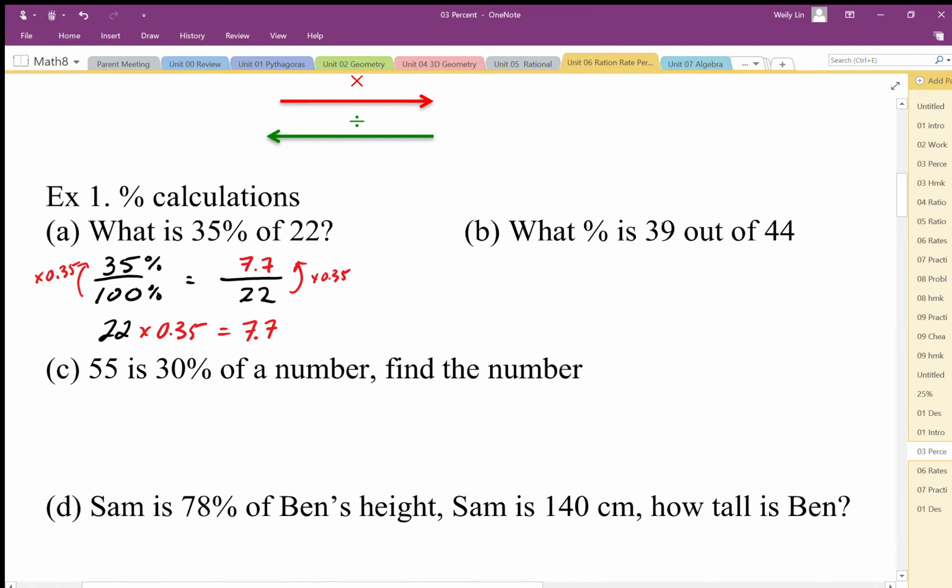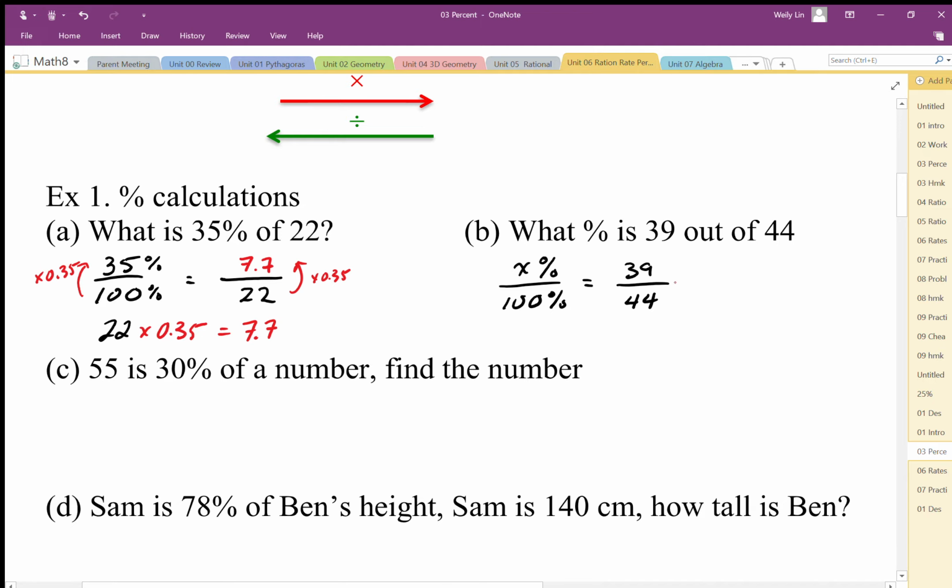So what percent is 39 out of 44? So we're looking for some percentage, some unknown percentage. And 39 is our part that goes with our unknown percentage, and 44 is our whole. So in this case here, we can just divide those two to find our decimal, and that will actually give us our decimal percentage.